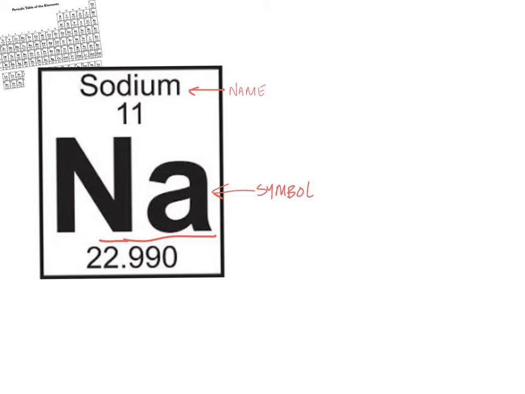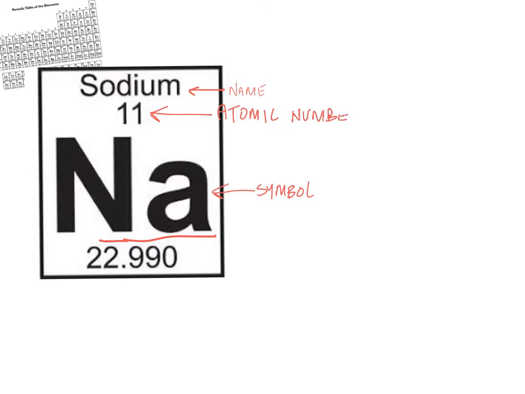All right, let's go back to this. We're looking at the number 11 here. What does this number 11 mean? This number is what we call the atomic number. Sorry, I'm having to scroll a little bit here so I can fit all this writing in.